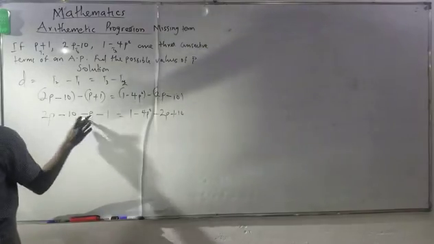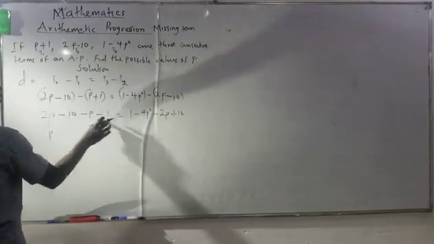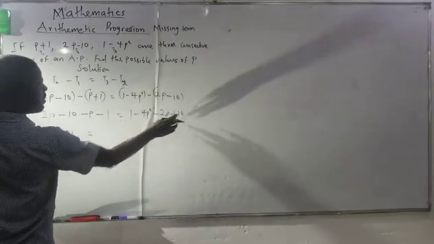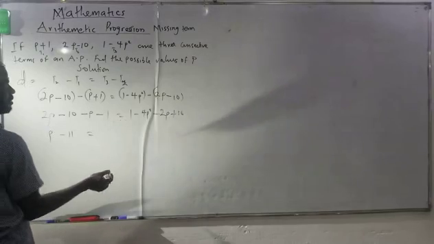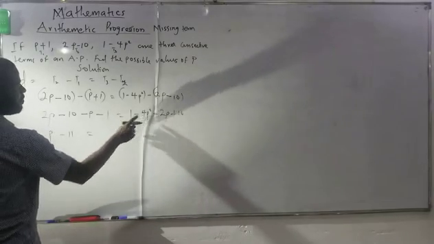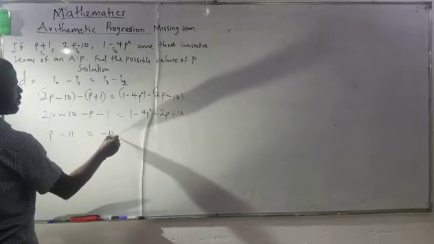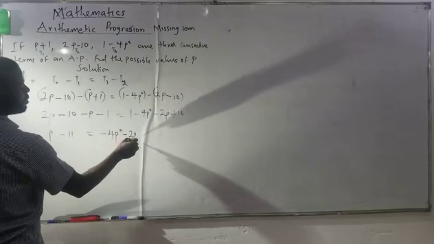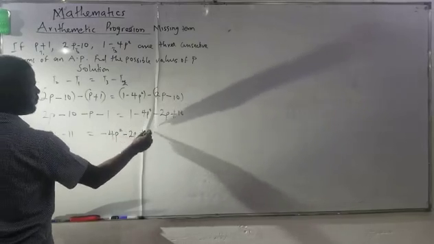This and this are like terms. It will be P minus 11, and here will be 11, and I'll have minus P, 4P squared, 2P, and plus 11.